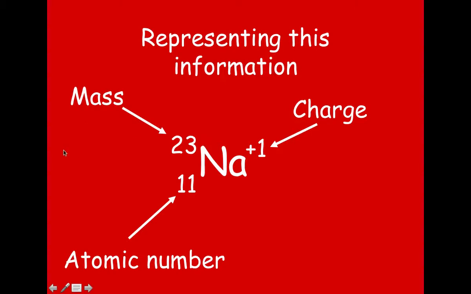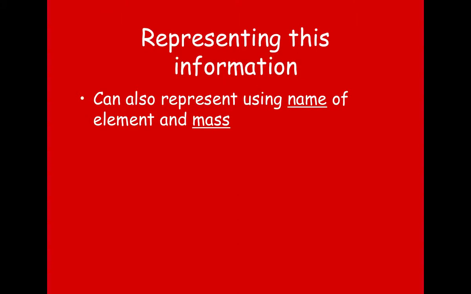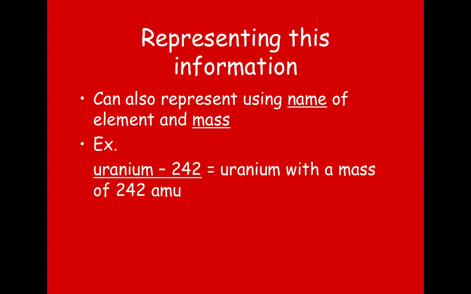We can also represent this using what we call an isotope symbol, which uses the name of the element as well as its mass. For example, uranium-242 tells us that we have uranium with a mass of 242 AMUs.